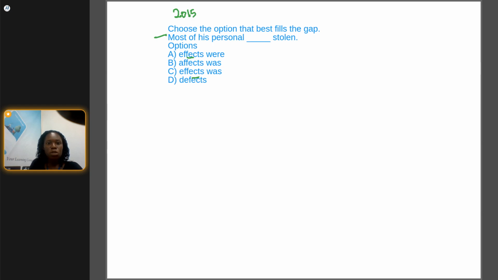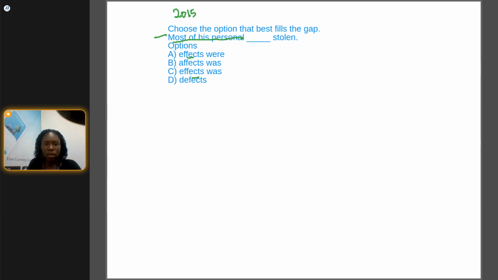So if you say most of his personal belongings were stolen, now you need to understand a kind of consistency. And what we are looking at is our first point that we looked at today, that is subject verb agreement. Now, the subject here is most of his personal items.